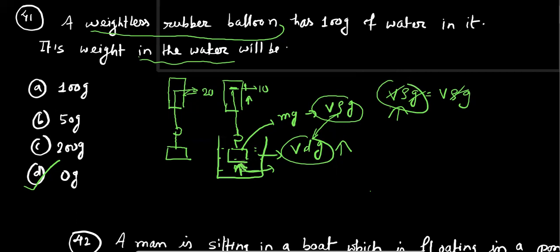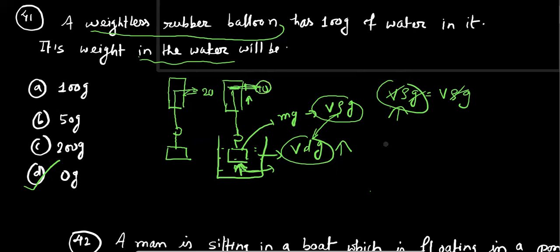Okay, so that's why we can say that there is no change in the value shown by the pointer of the spring.